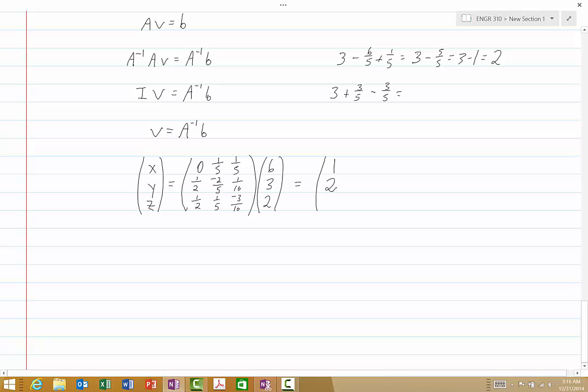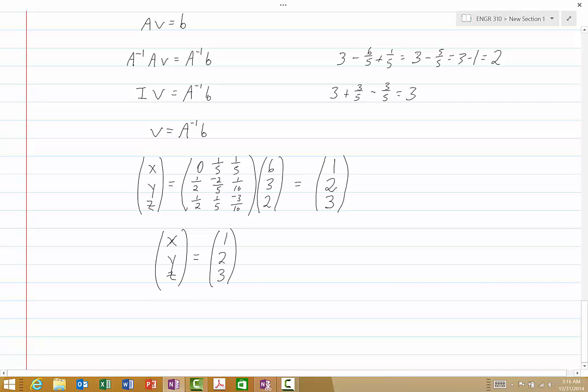And of course, 3 plus 3/5 minus 3/5 is just 3. So we end up with the answer that x, y, z is equal to 1, 2, 3.